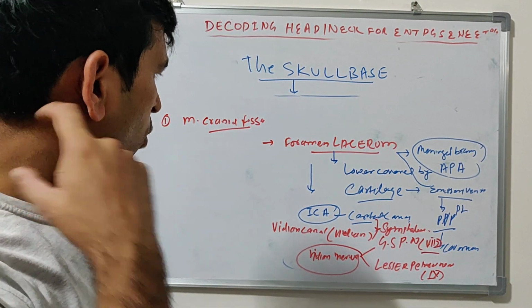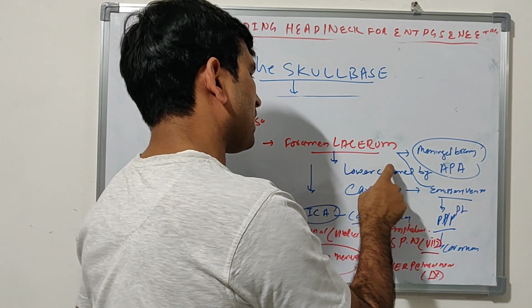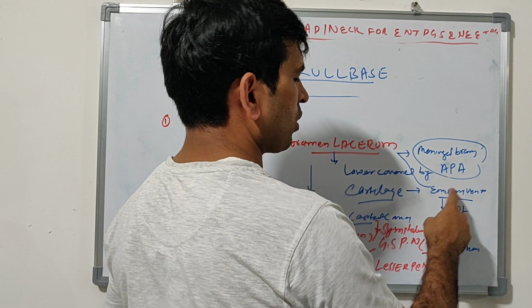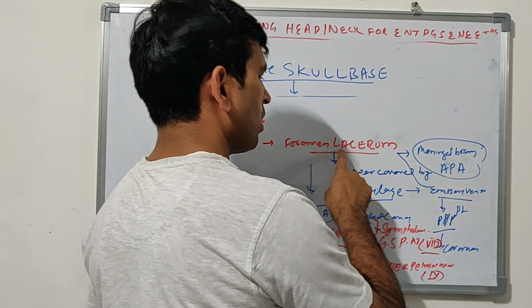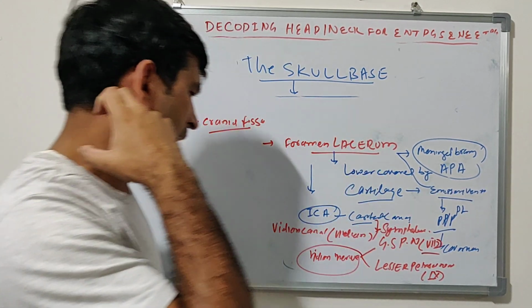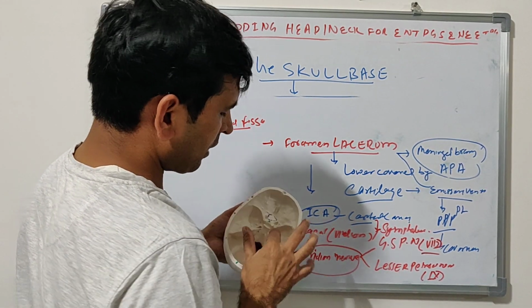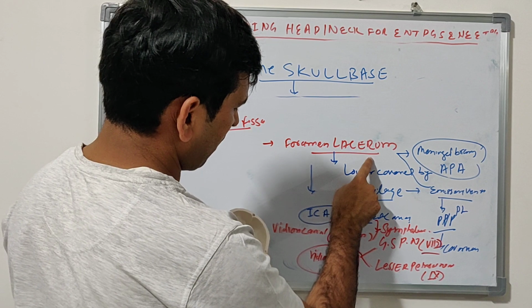Normally the foramen is blind, closed by cartilage. Sometimes the meningeal branch of the ascending pharyngeal artery or emissary veins may pass through this foramen lacerum. Normally it's blind, but at the upper and posterior part is the ICA opening, the carotid canal opening in the foramen lacerum.